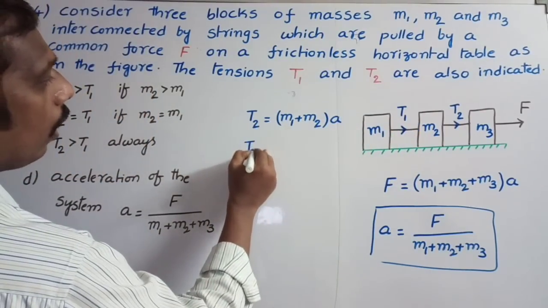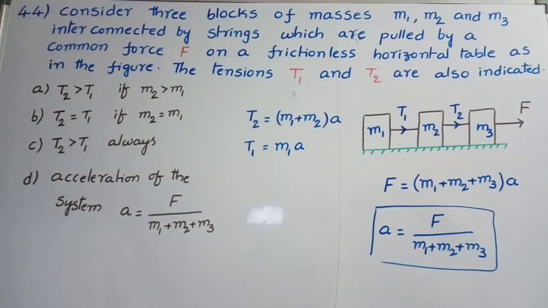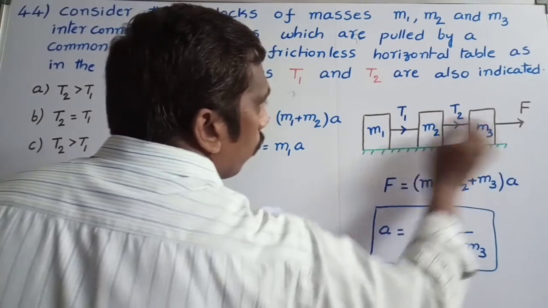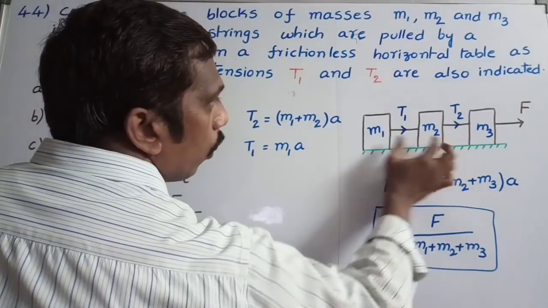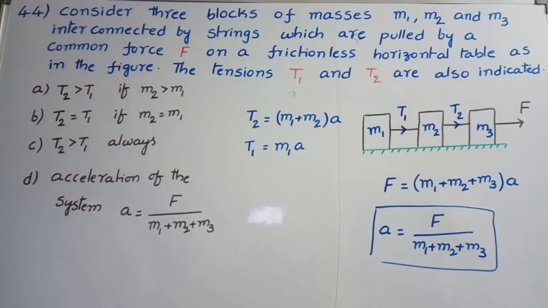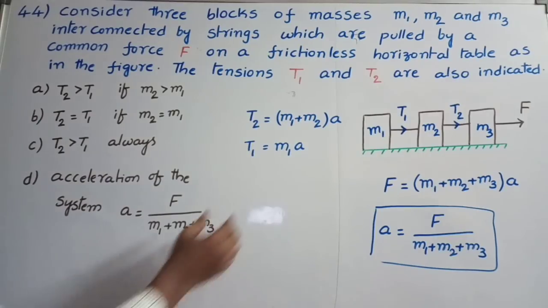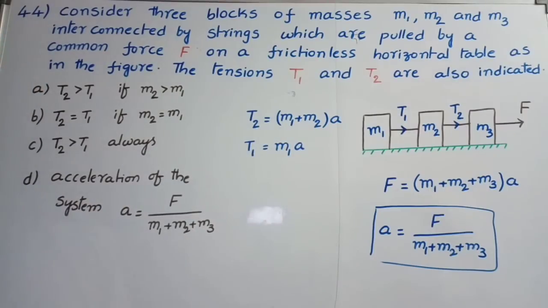That's why T1 is equal to M1 into A. Clear? This applied force F pulls three blocks. Tension T2 pulls only these two. T1 pulls only M1. So net force is equal to mass into acceleration. So T1 is equal to M1 into A. T2 is equal to (M2 plus M1) into A.